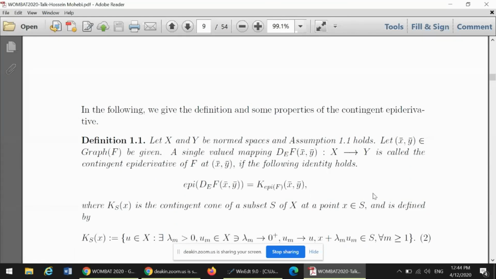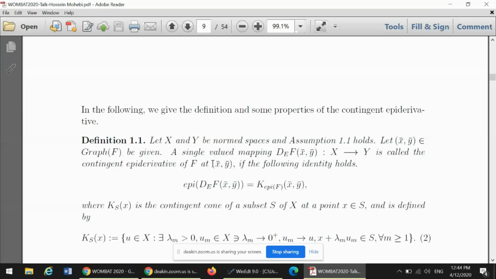Now we give the definition of cotangent epiderivative. Let x bar and y bar be a point in graph of F. F is a set-valued mapping.